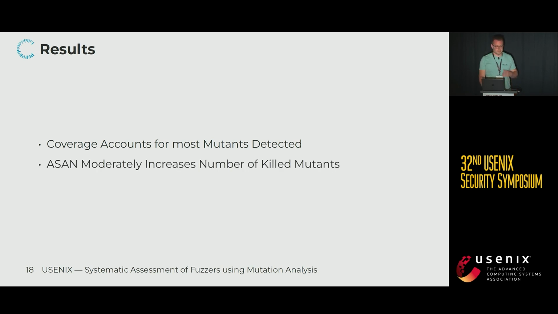However, what we can also do is evaluate oracles. For example, if you add address sanitizer, you will see an increased number of killed mutants. And you can now, using this method, evaluate how well your sanitizers work. And what we found is that it seems like fuzzers, or at least the fuzzers we looked at, have reached diminishing returns.